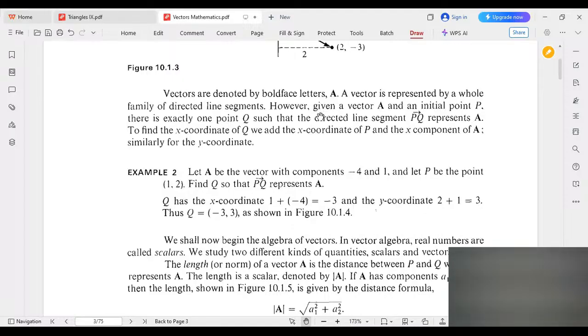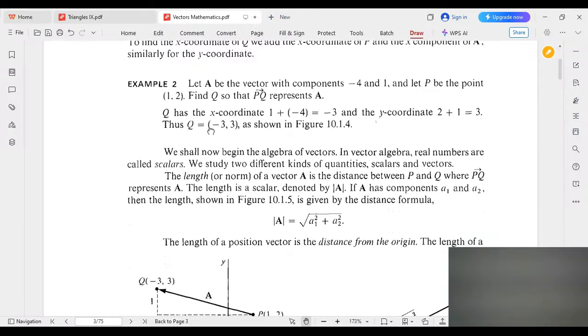However, given a vector A and an initial point P, there is exactly one point Q such that the directed line segment PQ represents boldface A. To find the x coordinate of Q, we add the x coordinate of P and the x component of vector A. Similarly for the y coordinate.